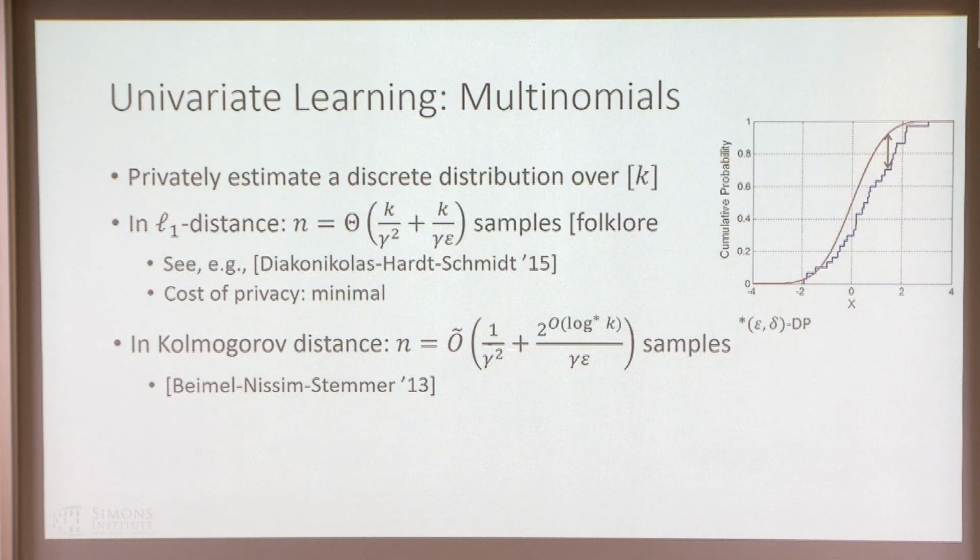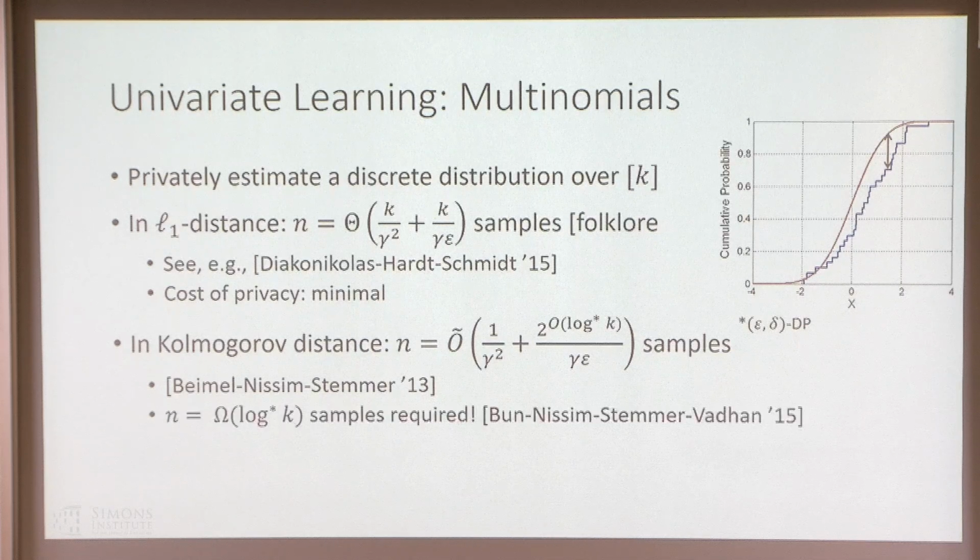But oddly, due to this result by Weimel, Nissim, and Stemmer, you get an additional additive 2 to the O of log star k over gamma times epsilon, which is a very, very small term if you're not familiar with log star. And this is actually tight. Not tight up to constant factors: the lower bound and upper bound are indeed exponentially off, but these are both incredibly tiny things.